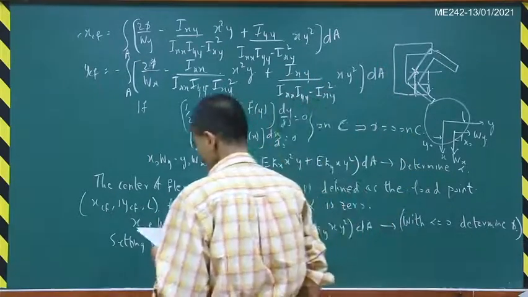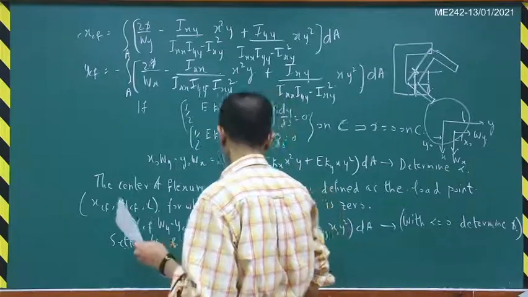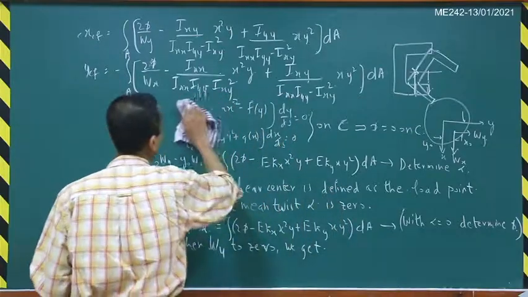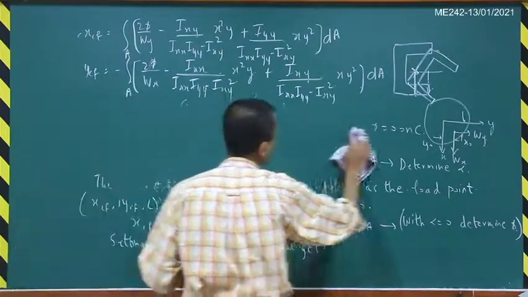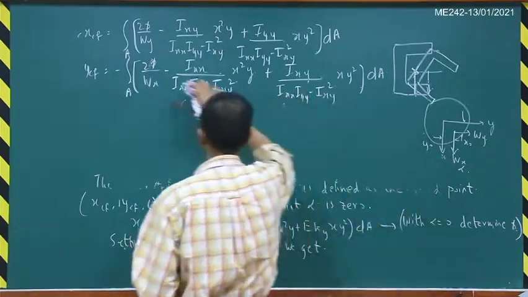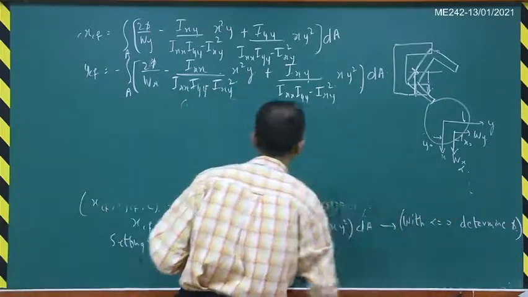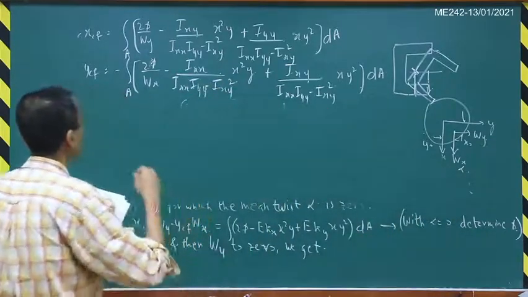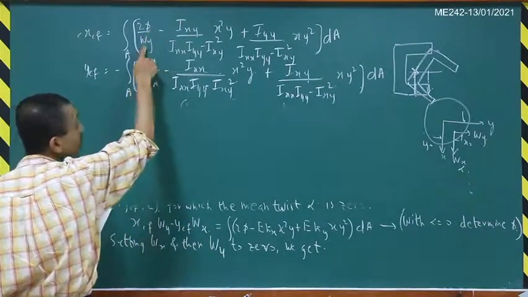So it may appear that your shear center depends on the load. It may appear like that from this particular equation, because you can see that wx is appearing in this equation. But what you have to note is that in this particular case, your phi will be proportional to wy.